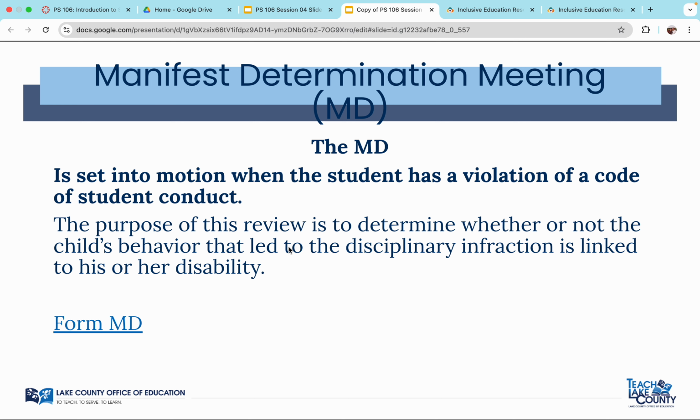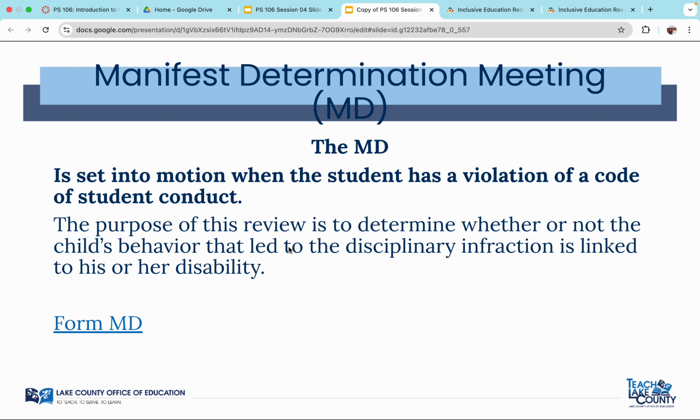This was a manifestation of this particular disability, and we've had a history of this behavior before, and we have plans in motion that are meant to meet this student's disability needs, and we're going to continue with these plans, or perhaps because of this 10th suspension, we're going to make changes to the original plan in order to hopefully decrease the behavior that we're seeing. That's typically how things go.